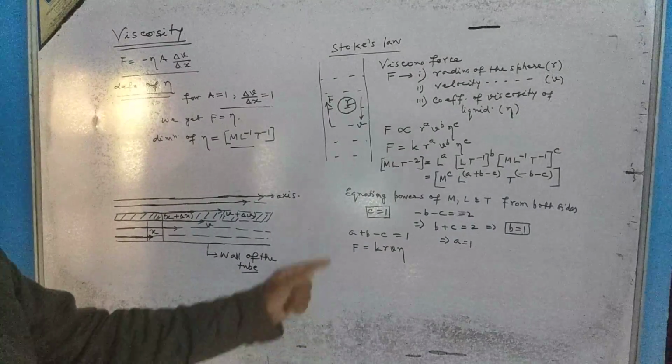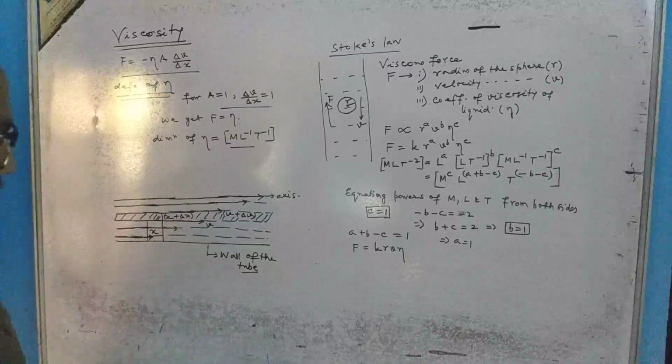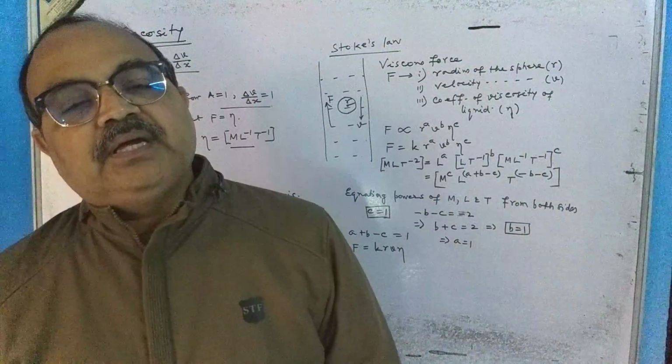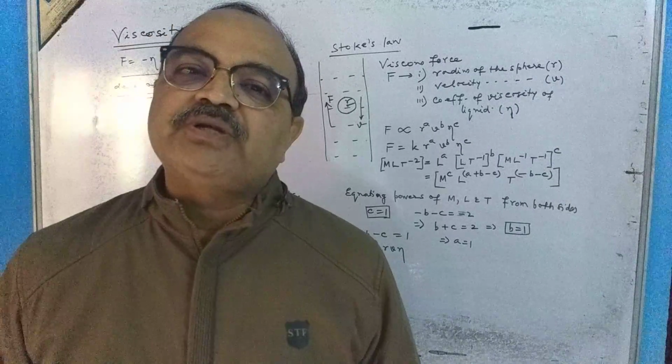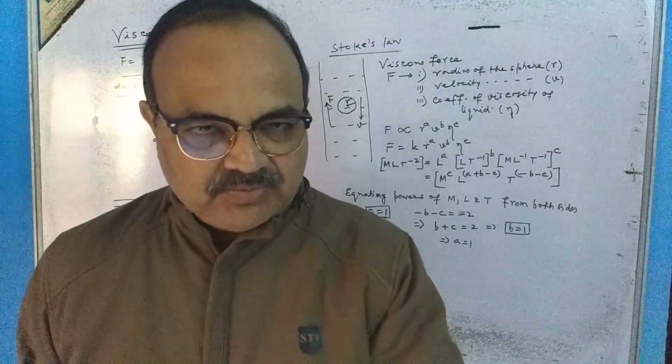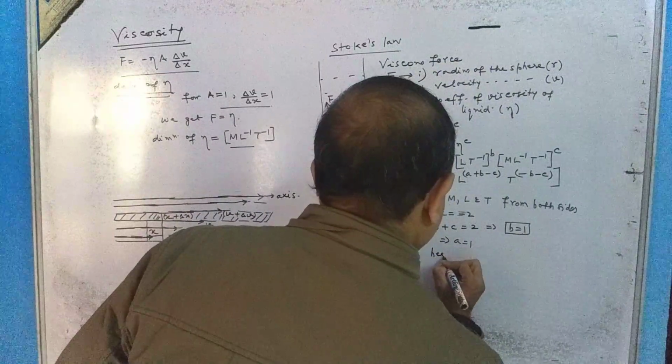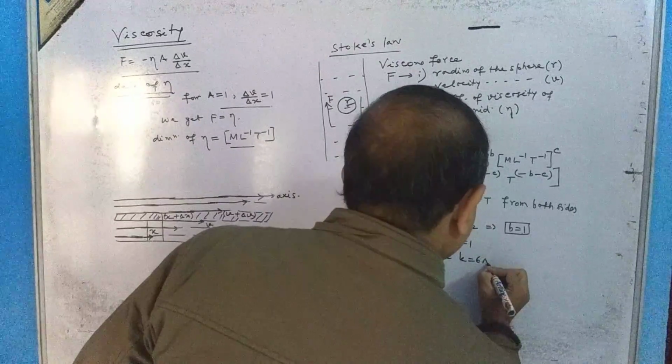You all know it is a limitation of the dimensional method that the value of the constant of proportionality cannot be determined by this method. That's why K is found to be 6 pi.